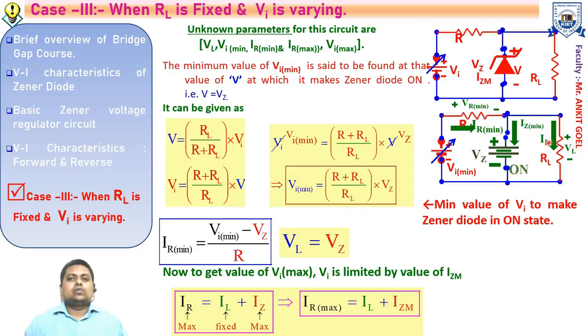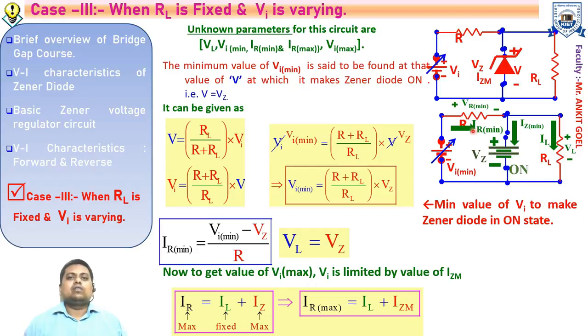So the load current is fixed. Once the load current is fixed, IR will be maximum only when the IZ is maximum. So to make the right hand side maximum, I can replace the IZ by IZM, the maximum possible value of the Zener current. So when IZ becomes IZM, it gives me the maximum value of the series current, that is IR maximum. So IR maximum is equal to IL plus IZM.